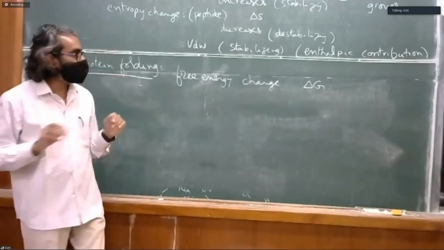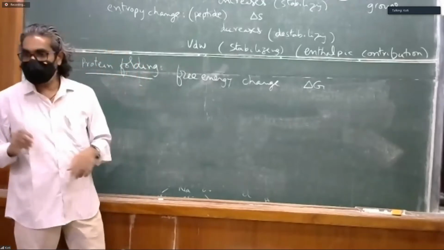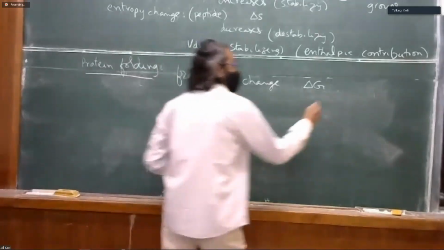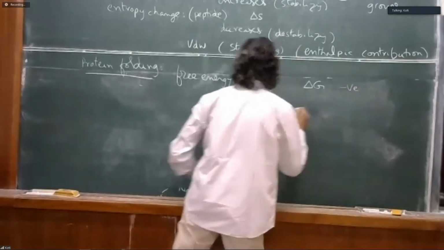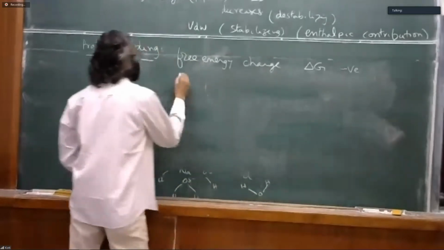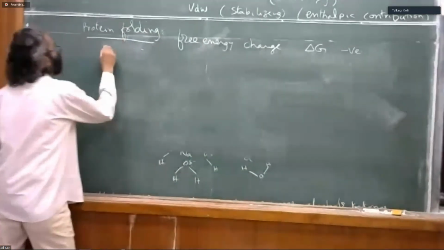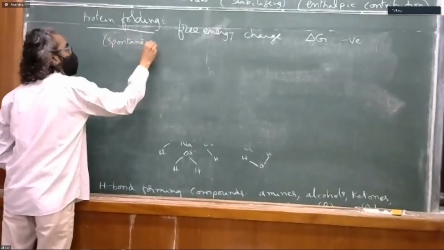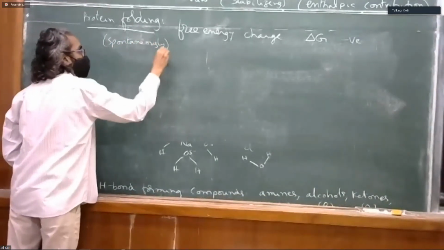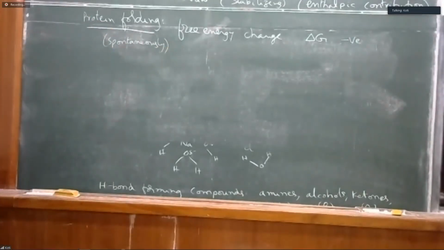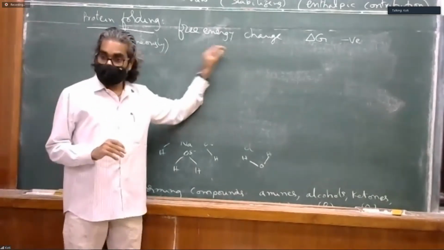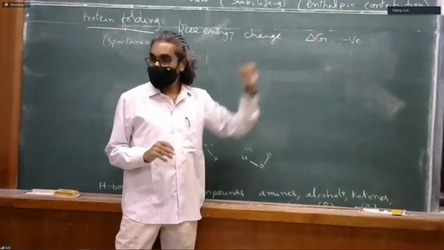That's why we are living, because proteins are functional. So in that case delta G needs to be negative, because proteins fold spontaneously. We are not talking about the nitty-gritty details of chaperones or misfolding, but most of the proteins fold very nicely to their native state, which means it is a spontaneous process, so delta G is negative.